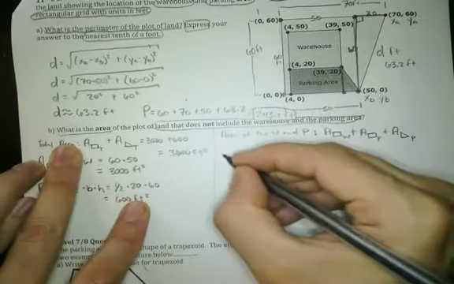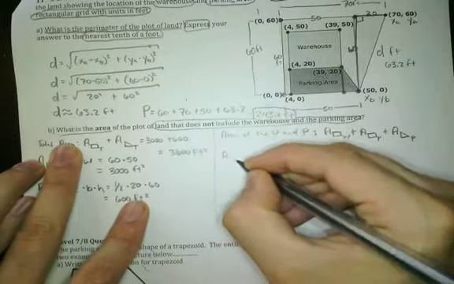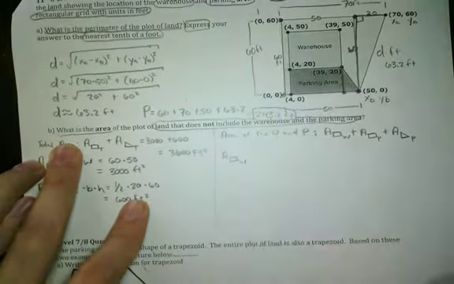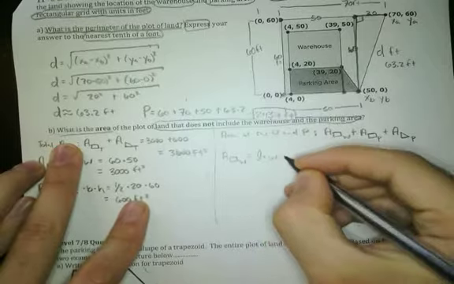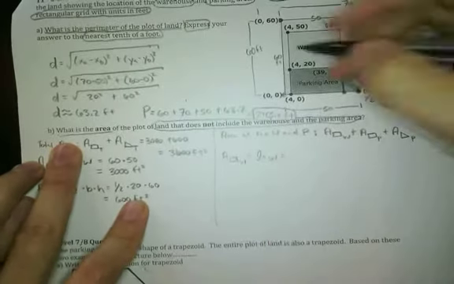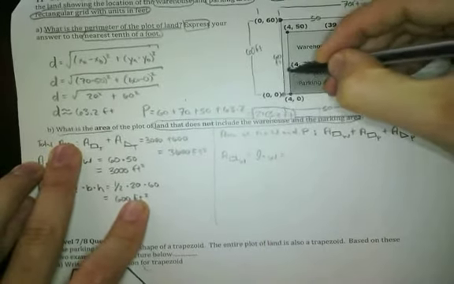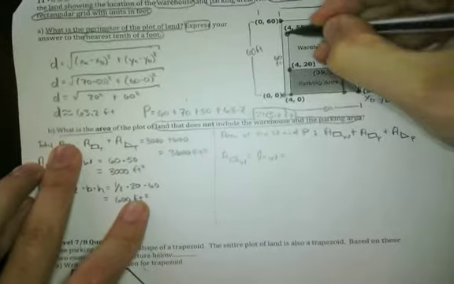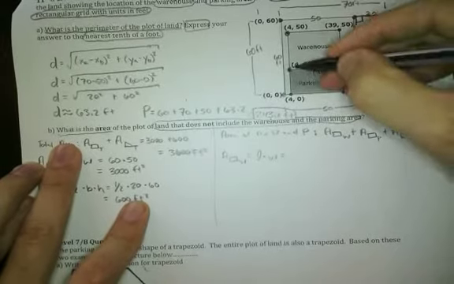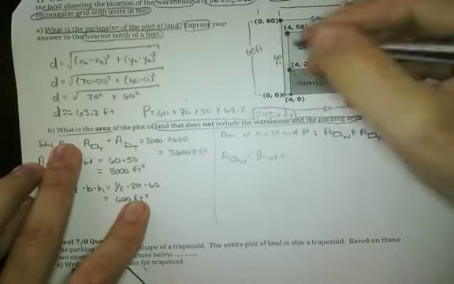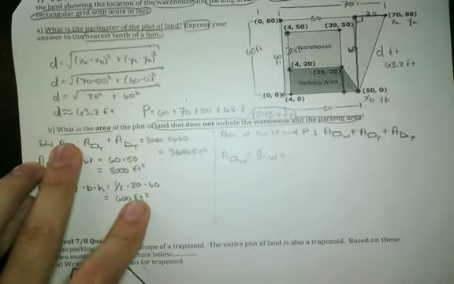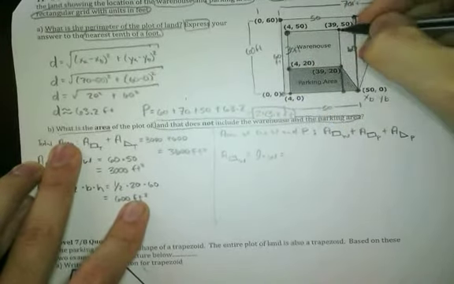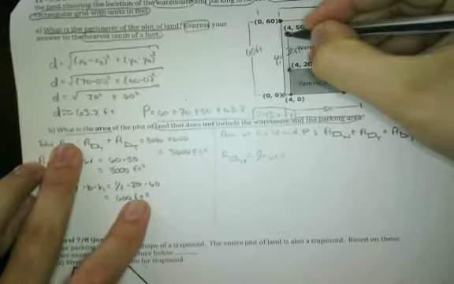The area of the rectangle that makes up the warehouse is always going to be length times width, but in this case, the length is going to go from this point to this point here. That has a vertical length of 30 feet. And then the width is going to go from this corner to this corner.